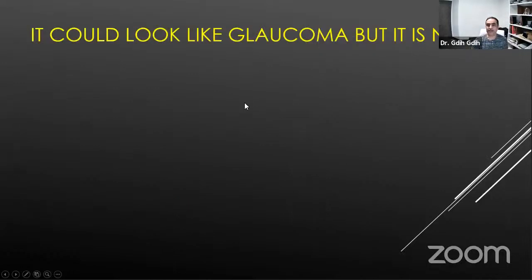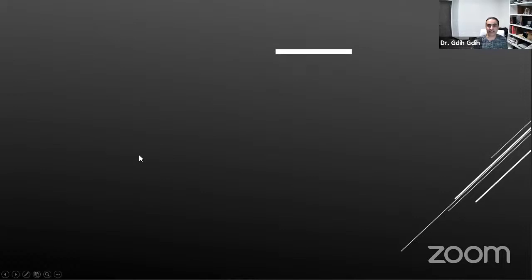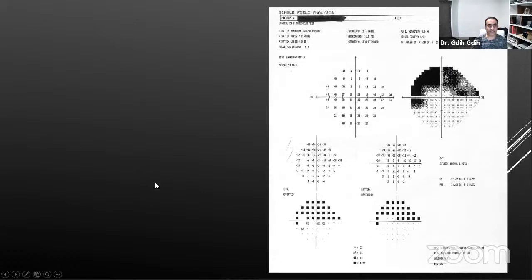Okay, now here are some examples when it looked like glaucoma, but it's not. Look at this visual field. Do we have points? We have 1, 2, 3, 4, 5. We have a lot, right? GHT says outside normal limits, PSD less than 0.5%. Is it an area common for glaucoma?